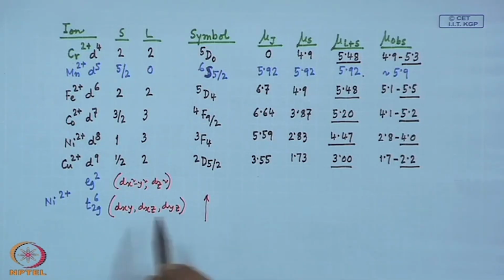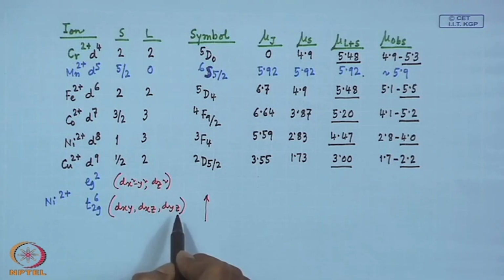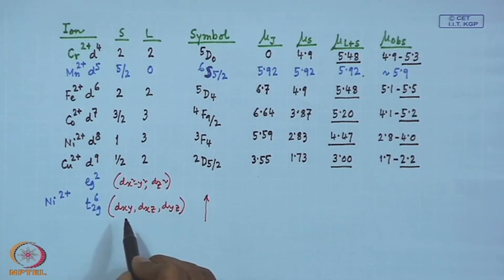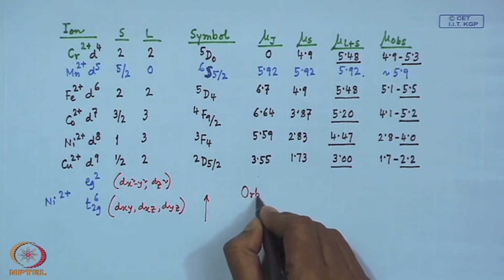So, if the electrons are there in these particular levels and we can move those electrons from one level to the other, we can have the corresponding orbital contribution, and these orbital contributions are due to orbital rotation.